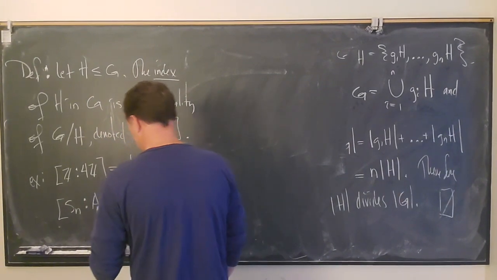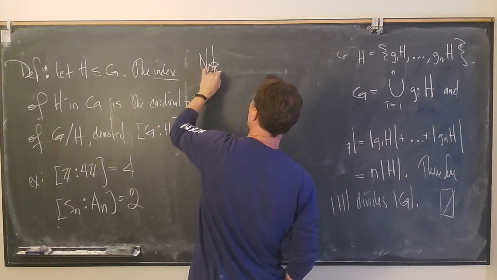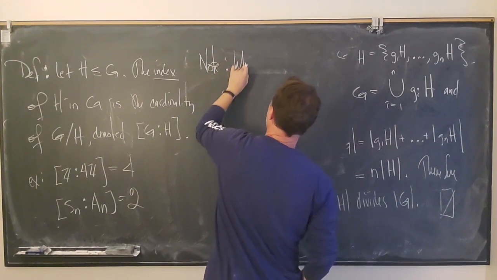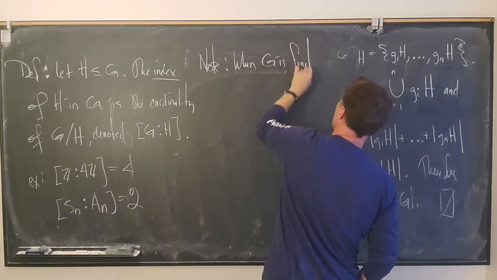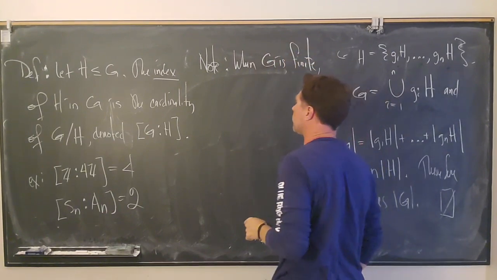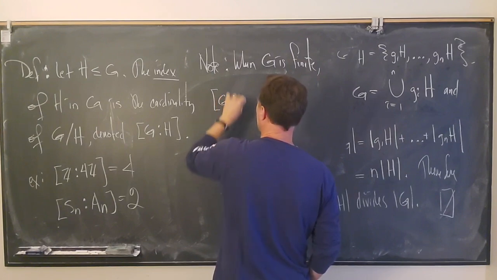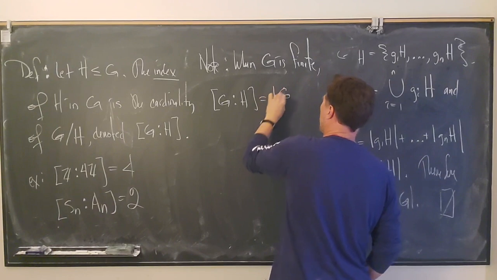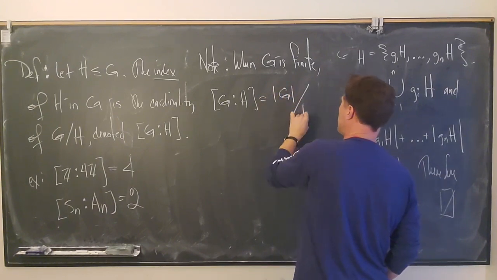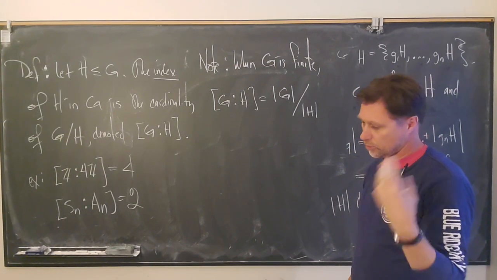One thing to be aware of: when G is finite, the index can be computed fairly easily. It's just the order of G divided by the order of H. That's straight from Lagrange.